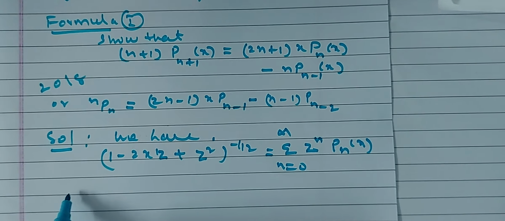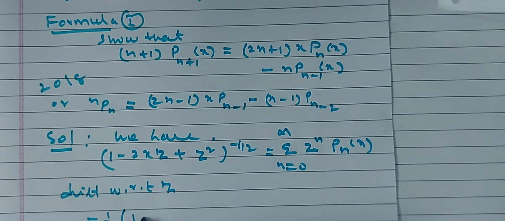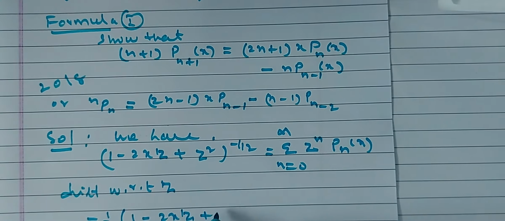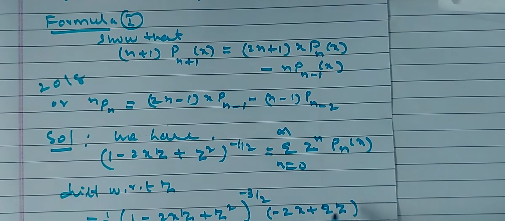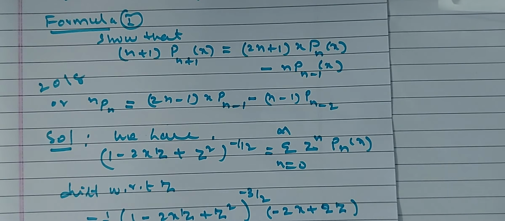Next, differentiate with respect to z. Minus 1 by 2 into (1 minus 2xz plus z square) whole to the power of minus 3 by 2 into (minus 2x plus 2z) by chain rule is equal to, the right side is sigma n is equal to 0 to infinity.